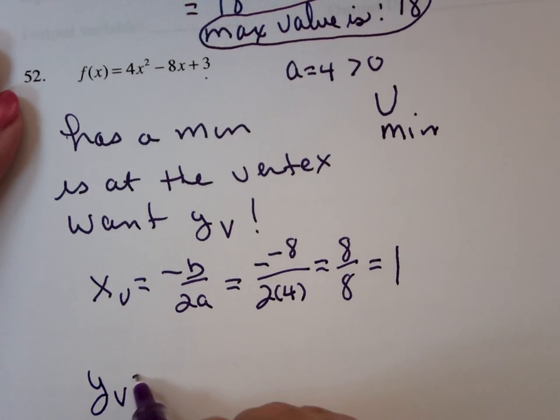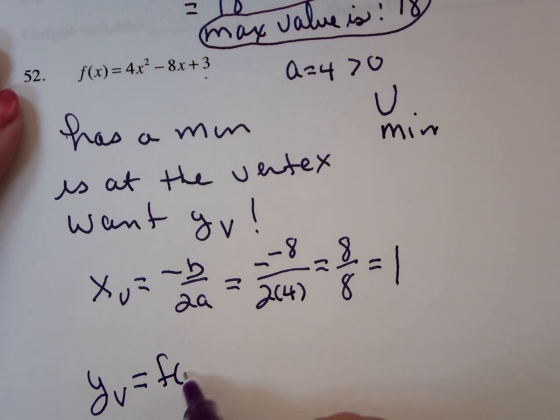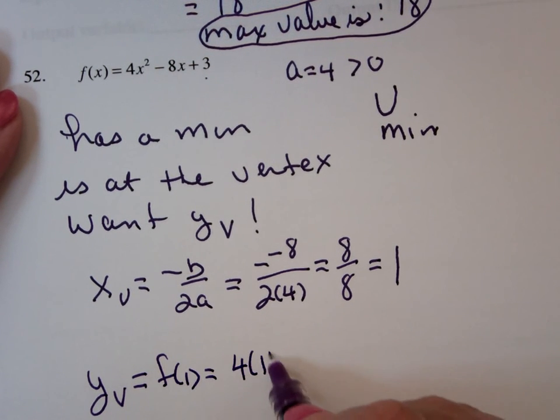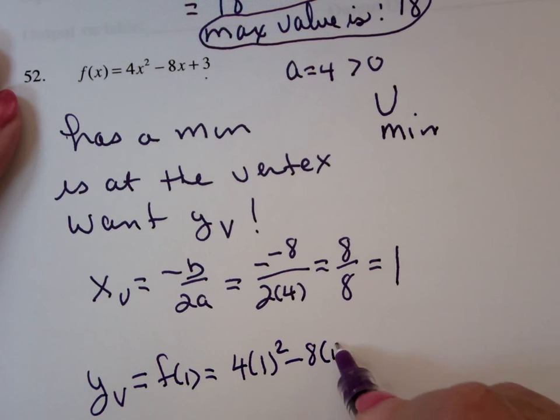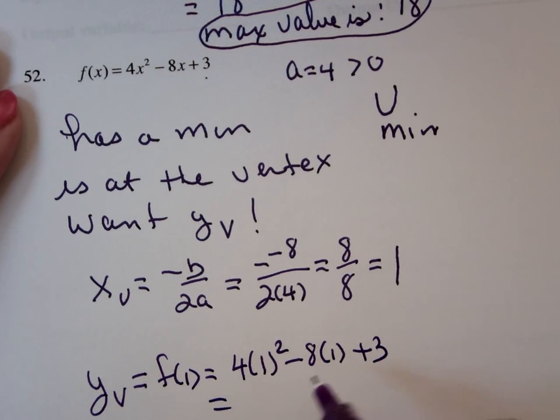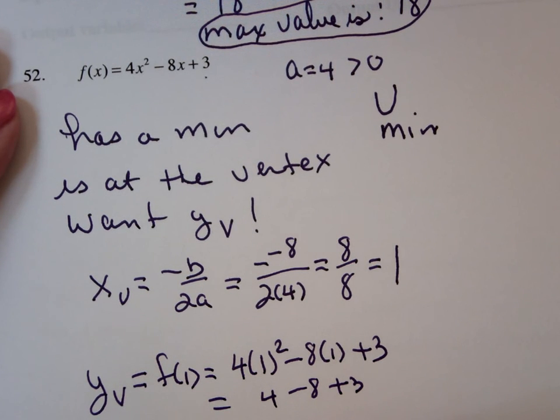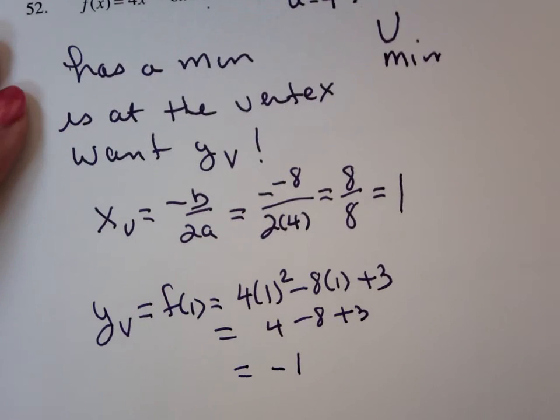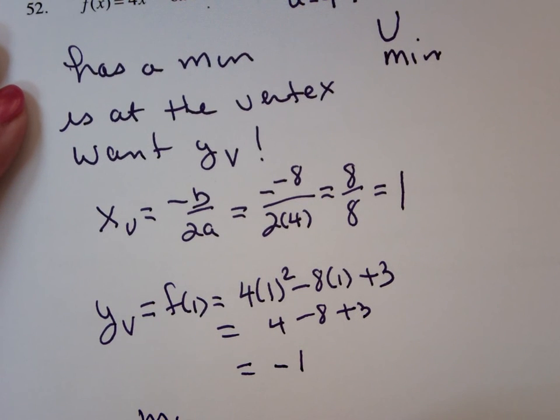So y sub v is f of 1, which is 4 times 1 squared minus 8 times 1 plus 3, which is 4 minus 8 plus 3. 4 minus 8 is minus 4, plus 3 is minus 1. So the minimum value is minus 1.